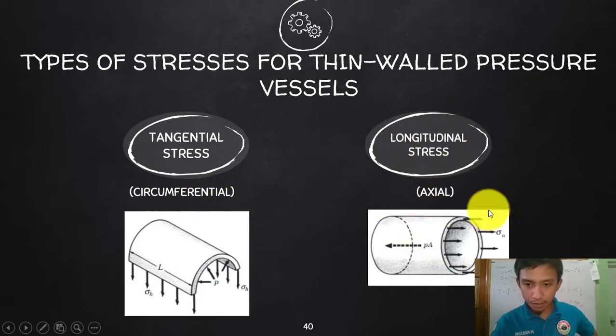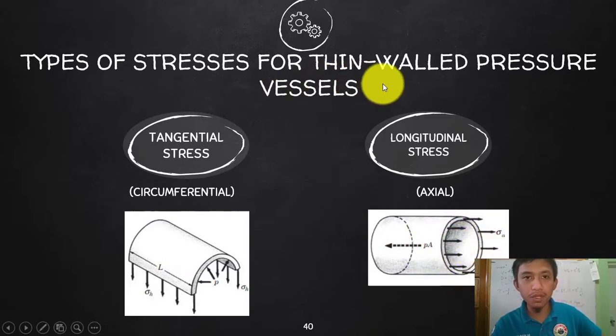If you look at the axial, that is almost the same as our normal stress, only that we now have it under a thin-walled vessel, so we call it thin-walled pressure. But it is still a normal stress.